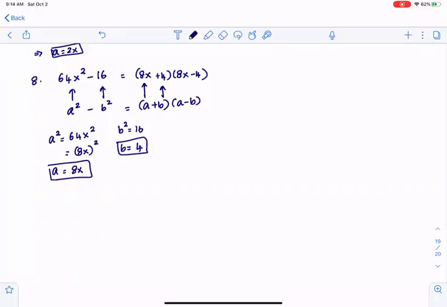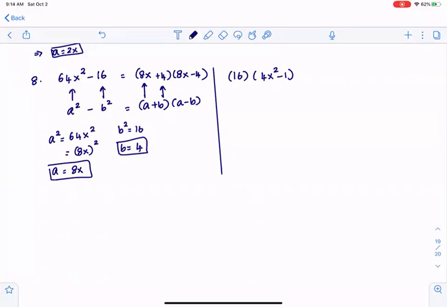So from the get-go, you can see that 16 is a common factor between 64x squared and 16. So if I pull 16 out, I will have 4x squared minus 1.